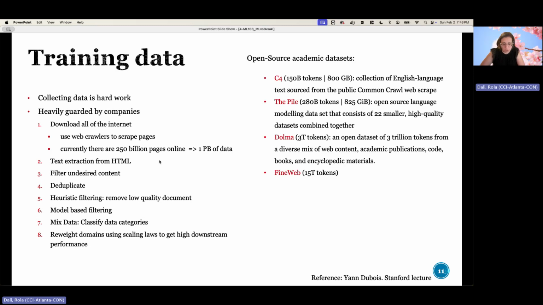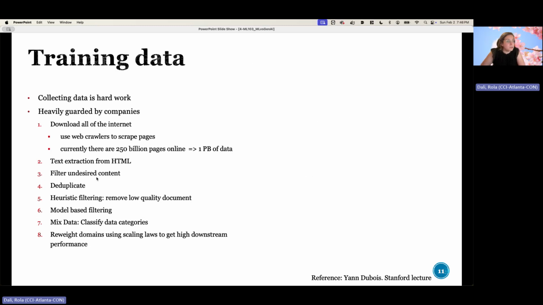You filter undesired content. You do deduplicate because, of course, a lot of pages are found in different places and several times. You add heuristics to remove low-quality documents. There's some model-based filtering as well, again, to filter out some stuff. And then you classify your documents to be able to decide on how much to use of what, right? You definitely don't want a model that's trained on social media predominantly, right?